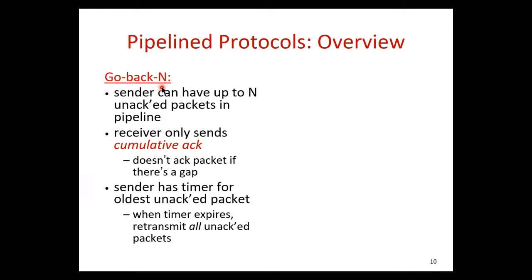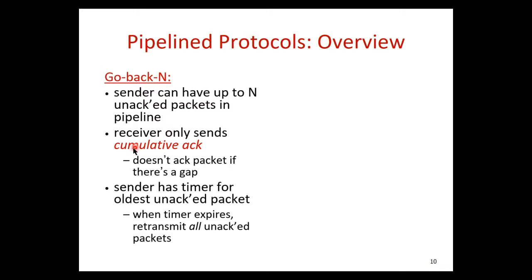Both go back N and selective repeat are pipeline or sliding window protocols, which means there's a sending window of size N, where N is a parameter of the protocol. With the sliding window of size N, the sender is allowed up to N packets in the pipeline which are unacknowledged.